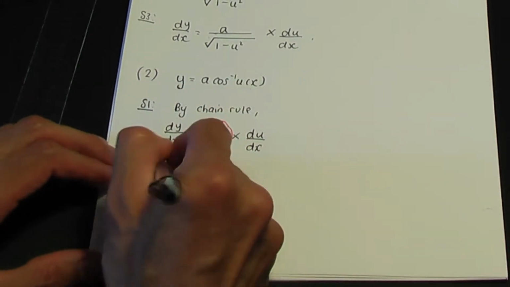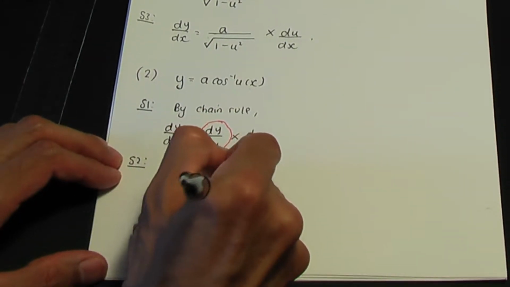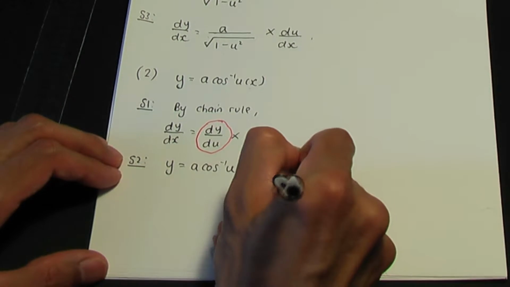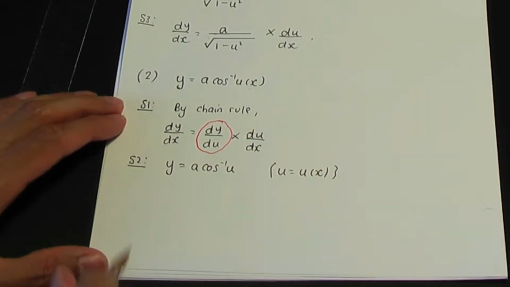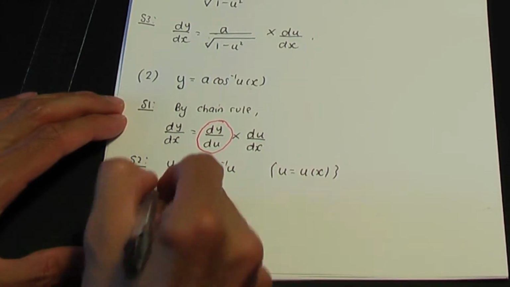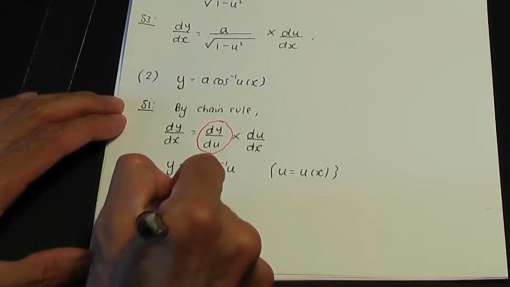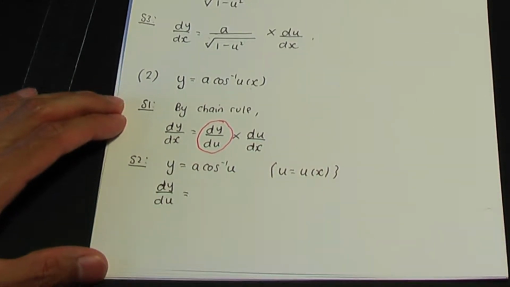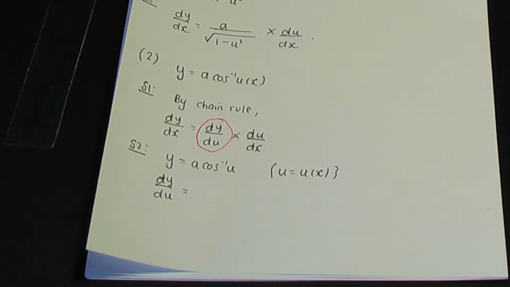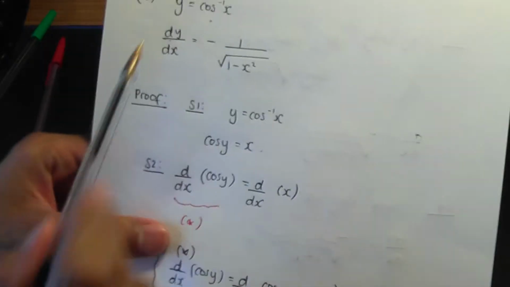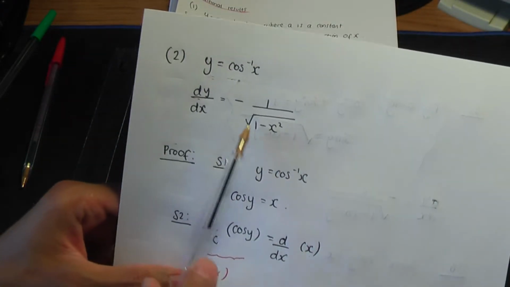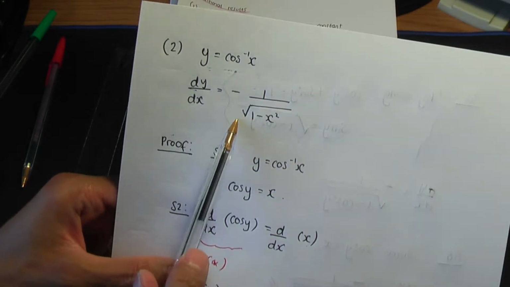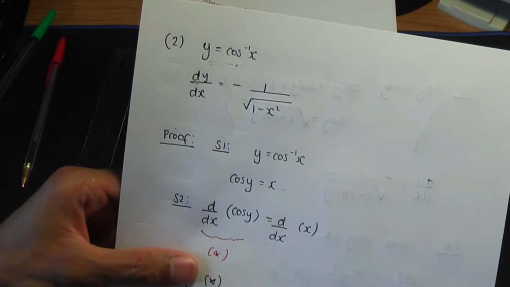In step 2, as I've done in the previous derivation, let me calculate dy by du. So y is equal to a cos inverse u, and once again u is shorthand for ux. So if I differentiate this with respect to u, based on the standard result for cos inverse x, if y equals cos inverse x, dy by dx is minus 1 over the root 1 minus x squared.